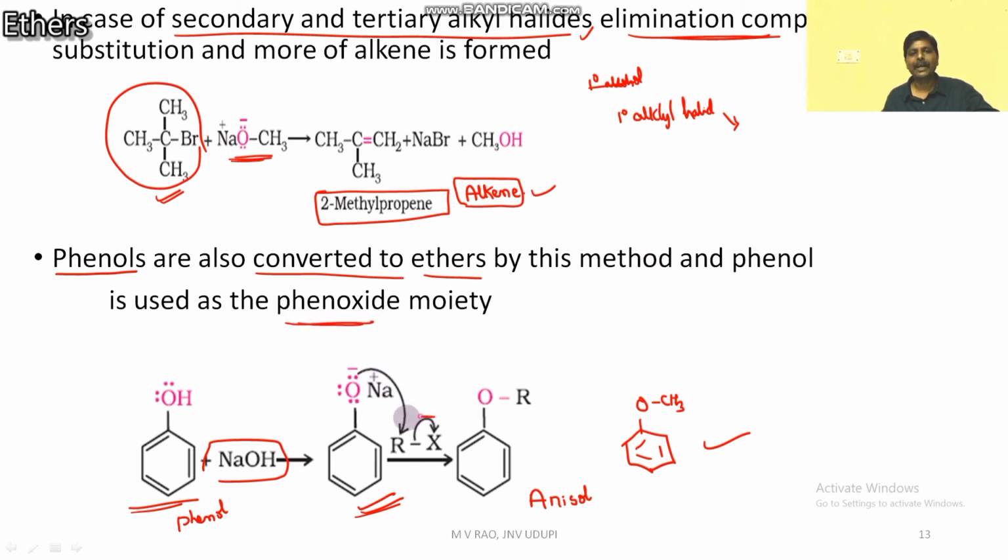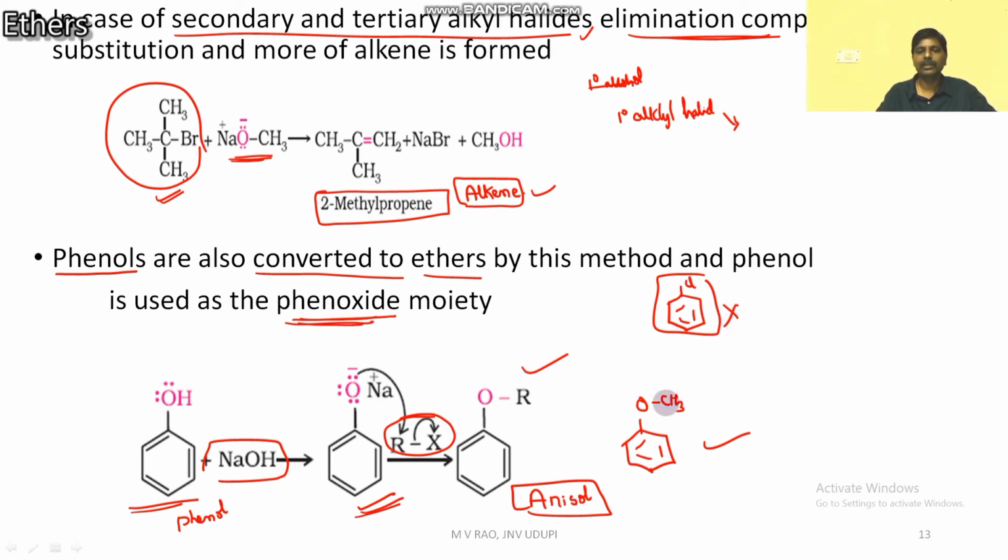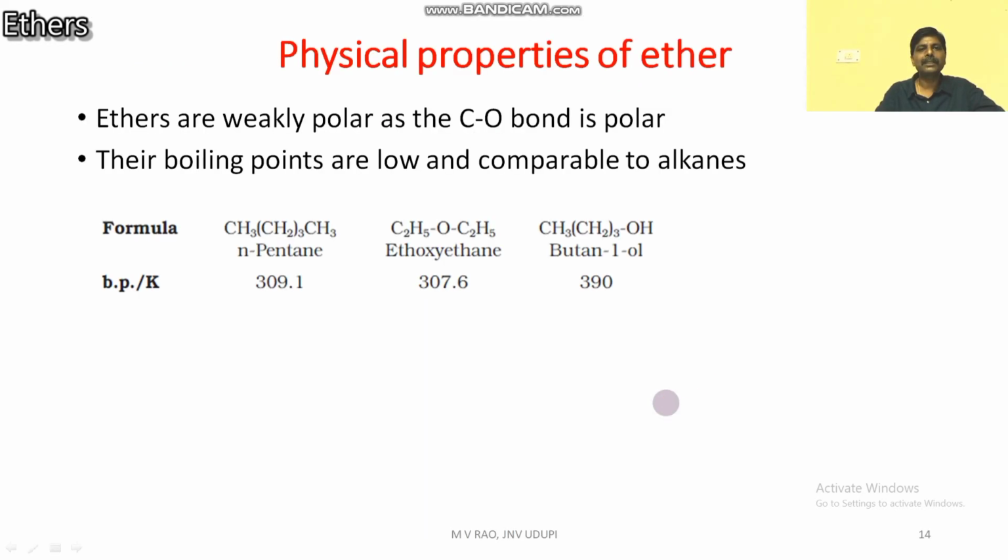Then you take the alkyl halide RX, and you will get aromatic ethers, anisole. So the phenol group you always have to take as phenoxide, and the simple one you take as alkyl halide. If you take chlorobenzene, you won't get anisole. So this is about methods of preparation of ethers.